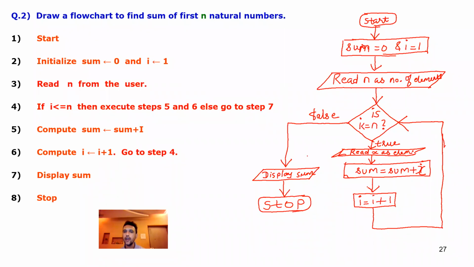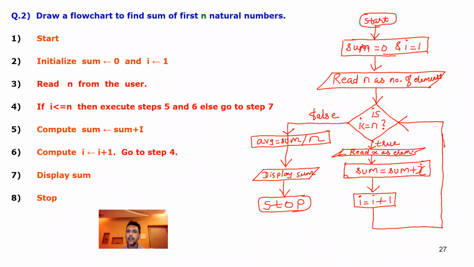So see, now everything is over here. I'll just make some changes. I will draw a rectangle over here, and inside the rectangle, I'll write average equal to sum divided by n.